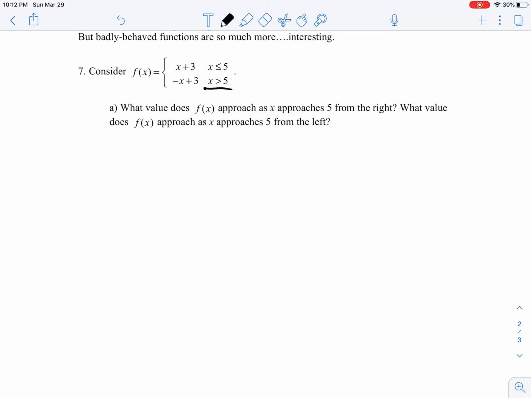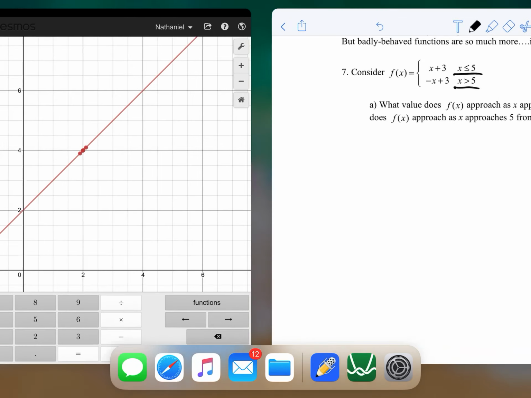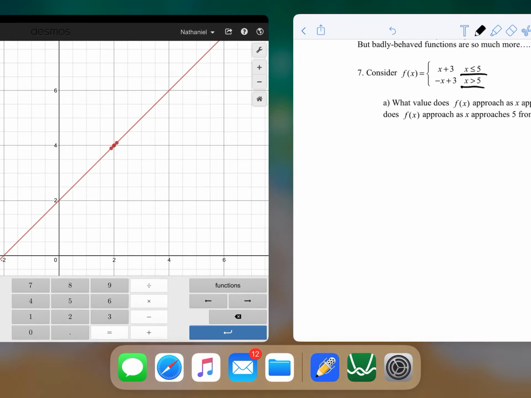What value does f of x approach as x approaches 5 from the left? The x less than or equal to 5 is half of things. I don't expect you to do this in your head. This is, again, one where we should use the tools available to us and take a look at this thing graphically. So, back to where we were.